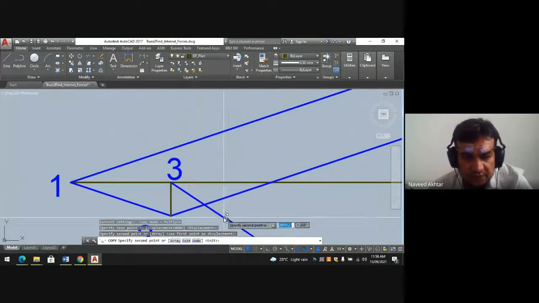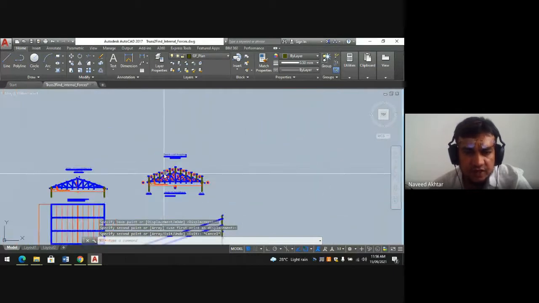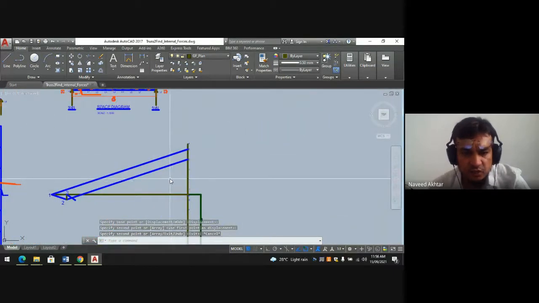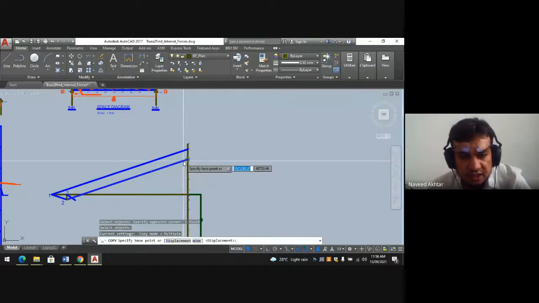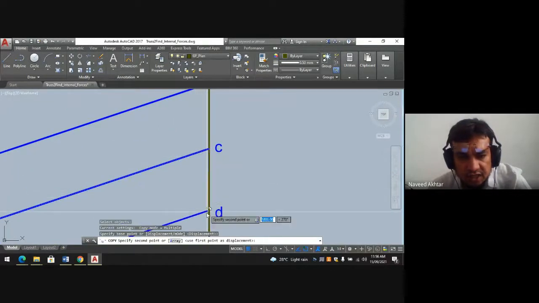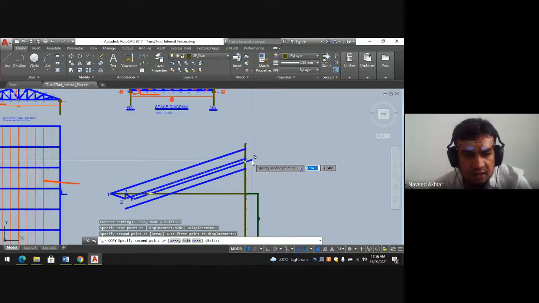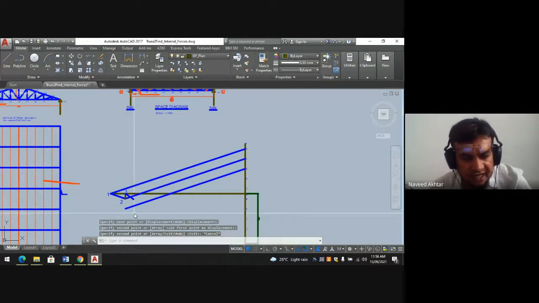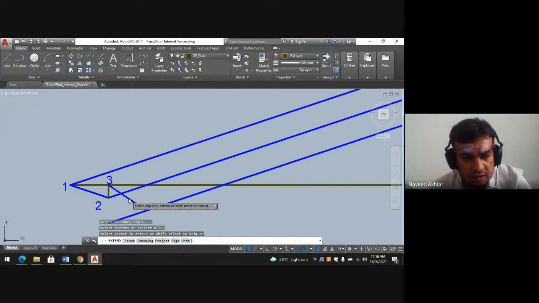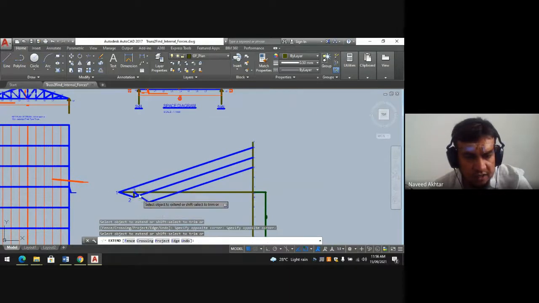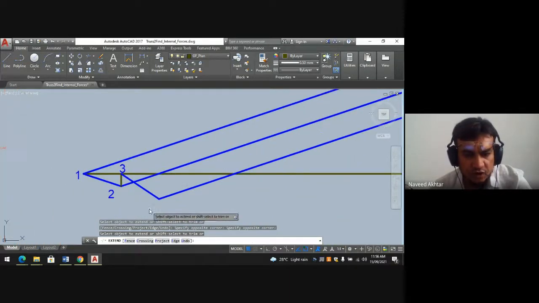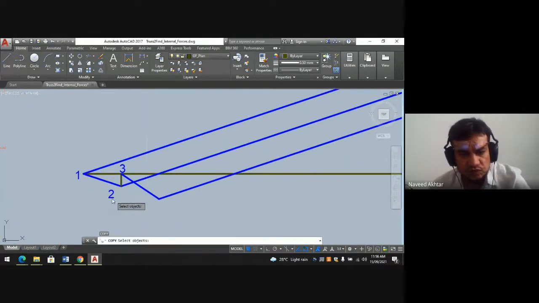And 3 to 4 is parallel to C, 3 to D, from the D. Where these two meet, this is nothing but point 4.